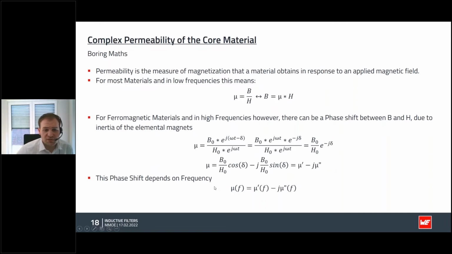And because this phase shift is also frequency dependent, mu, or this relative permeability, is not really a constant, but rather a function of the frequency, as you can see here. So we have this mu1 and mu2, and mu2, considering this frequency shift, is a complex term, meaning we have an imaginary part of the permeability.